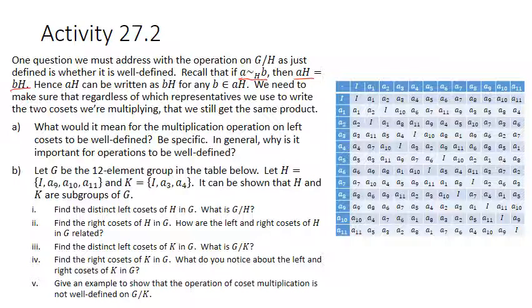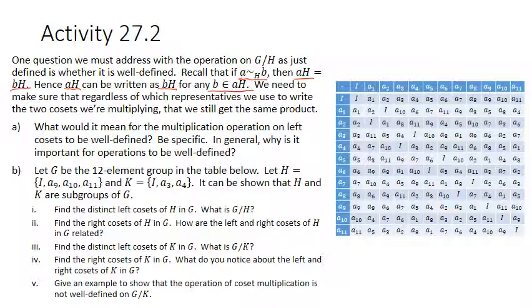So for any coset, you can pick anything that's in that coset and use it to write the coset. You can pick any B in AH and use it to write AH as BH. So these ways of writing cosets are not unique.